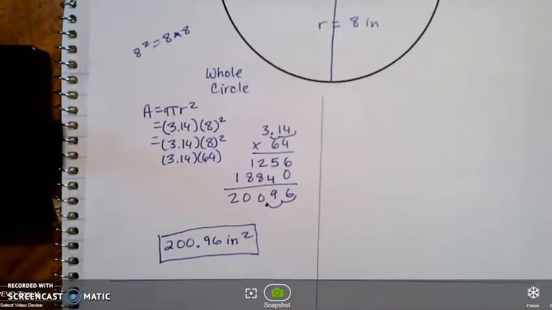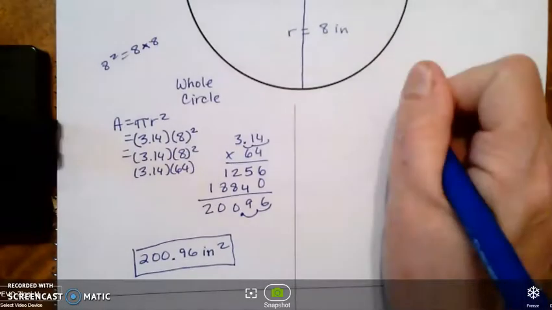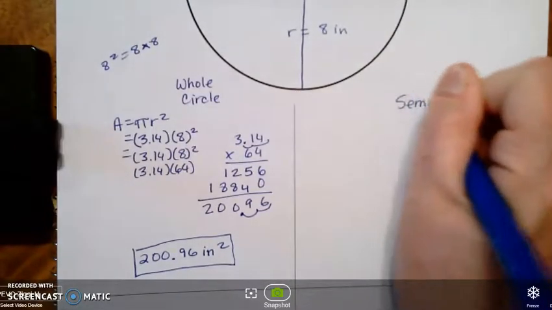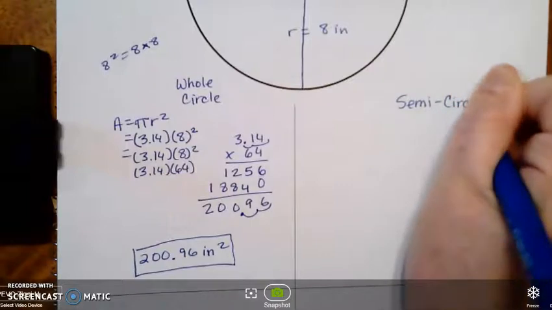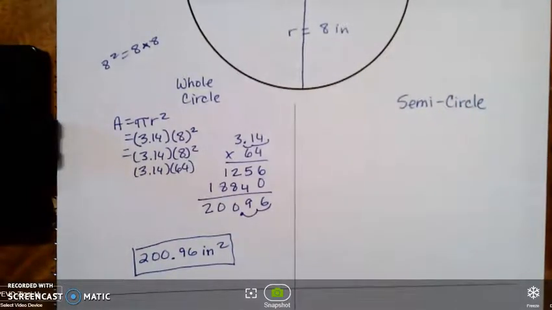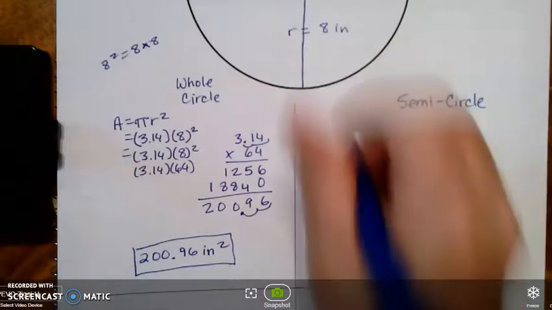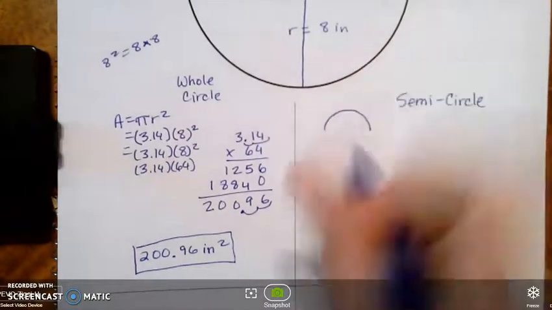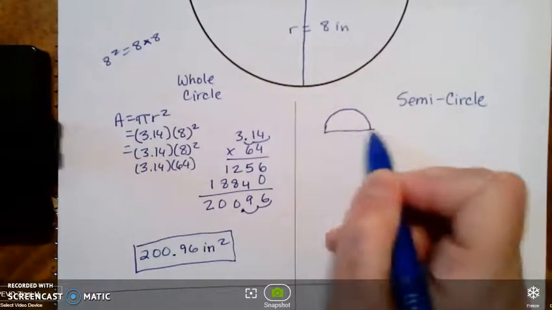Now we're going to come over to the side and we're going to do area of the semicircle. Since I already know the entire circle, I'm not going to go through all of this again. Remember, a semicircle is half of your circle.